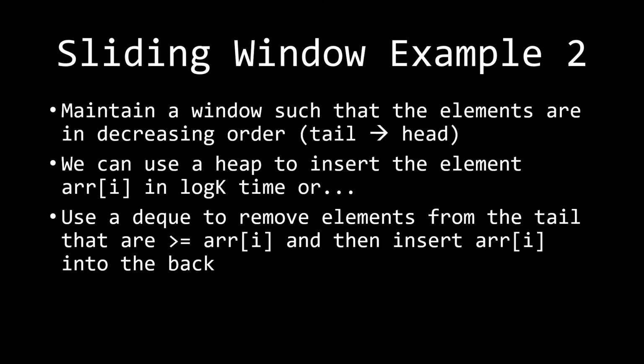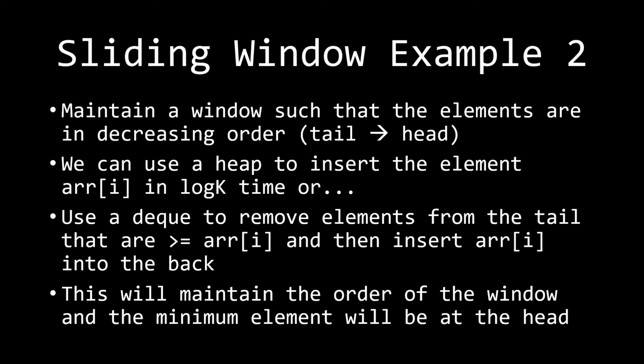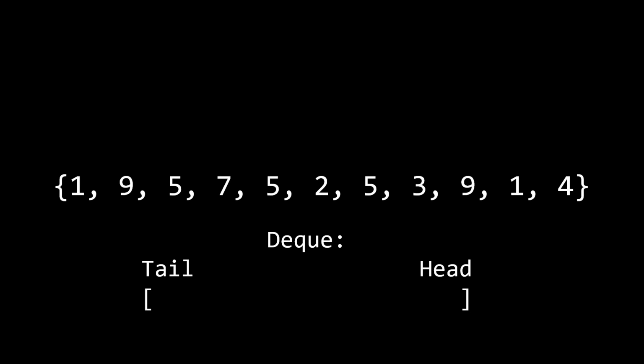So let's look at exactly what I mean by that, because this might seem a little abstract at first. This will maintain the order of the window, and the minimum element will be at the head of the sliding window. Here we have the double-ended queue with the tail and then the head, and here's the array that I proposed in the example.